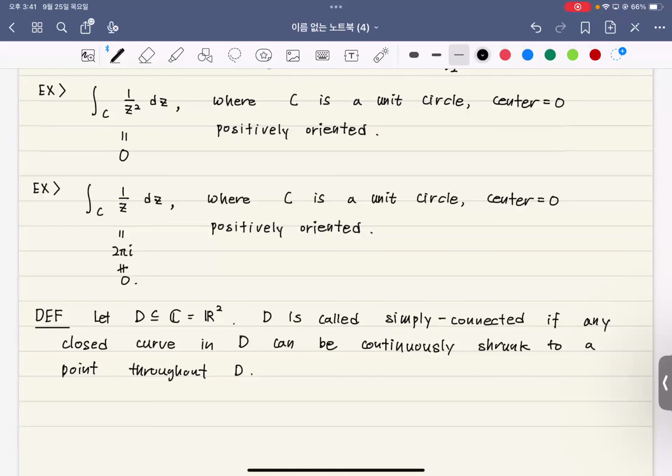This is true for any choice of closed curve in D. However, if your set D has at least one hole inside, then you can usually find a closed curve completely contained in D that can never be continuously shrunk to a point, because there is a hole inside and you can never pass this hole. So this is the idea of simply connectedness.